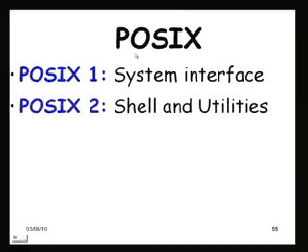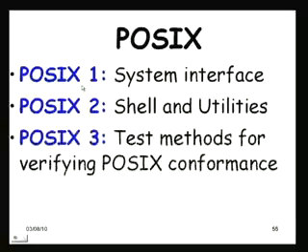POSIX actually came up with several documents. POSIX point 1 is about the system interfaces, which we are discussing, the services and their semantics and so on. POSIX point 2 is about the shells and utilities, because after all it was a Unix initiative.